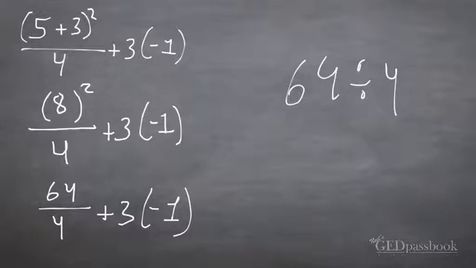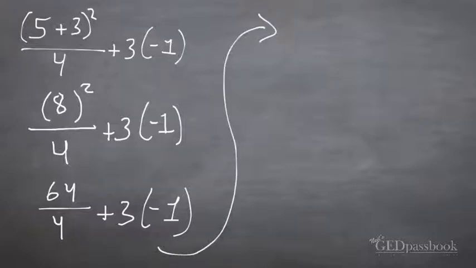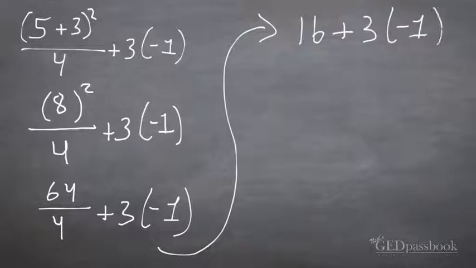You see this in algebra to represent division. So, here I am, 64 over 4. What does that become? So, I'll go over here. 16 plus 3 times negative 1. What do we do here? What's the next operation that we must do?